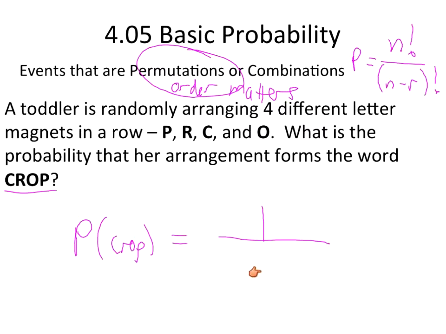How do I do my entire options using a P, R, C, and O permutation formula? So this one's going to belong on the bottom. We're going to do n factorial divided by n minus r factorial. So here we go. I'm going to just switch colors, that way it stands out. So what's my n?